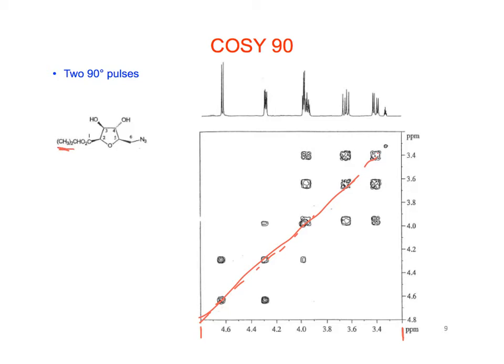But let's look just around the ring. I think the easiest thing to do, or the best thing maybe, is to try to pick out one proton on the ring, and choose which one would be most characteristic to pick out in the spectrum.